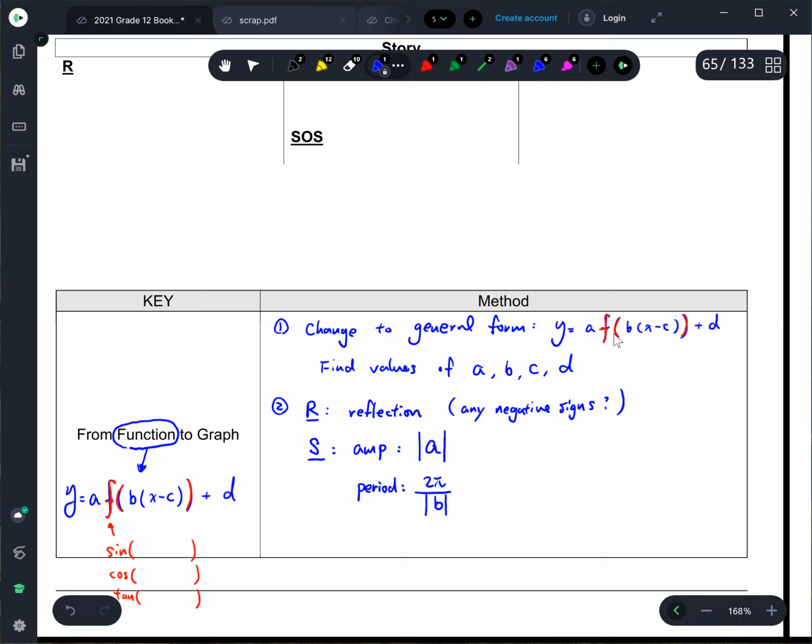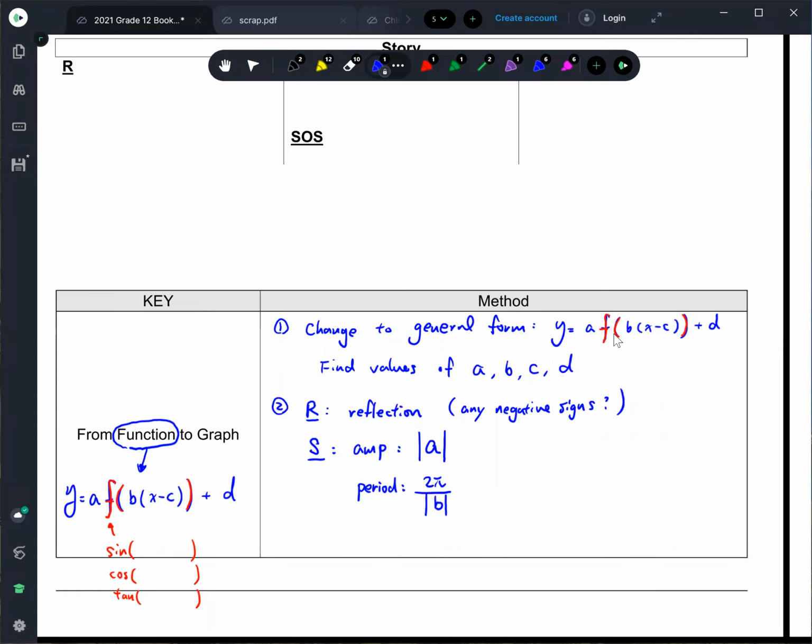Meaning you keep the b positive, because both amplitude and period are talking about length and height, so it cannot be negative. So for amplitude and period, always use positive numbers for A and B.